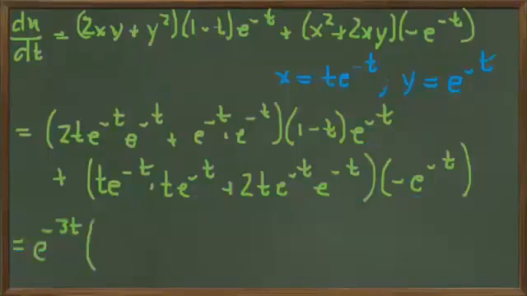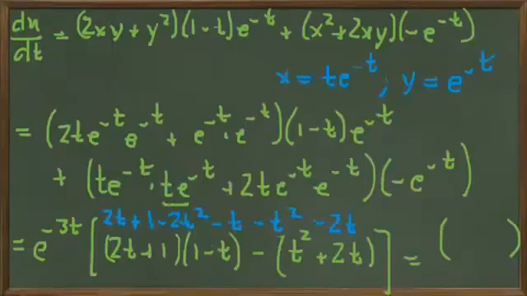When we do that, we get a 2t plus 1 from here. We get a 1 minus t from here. We get a t squared from here, a 2t from here, and a minus 1 from here.